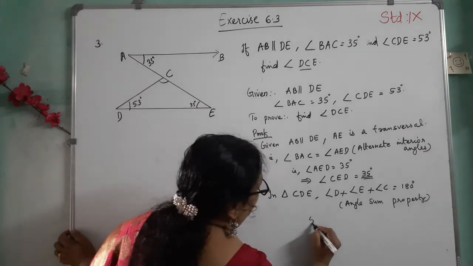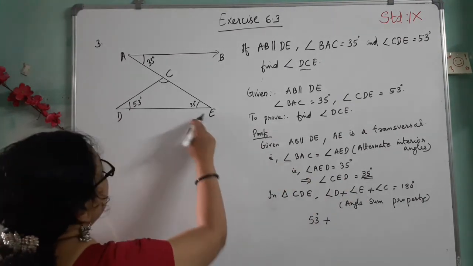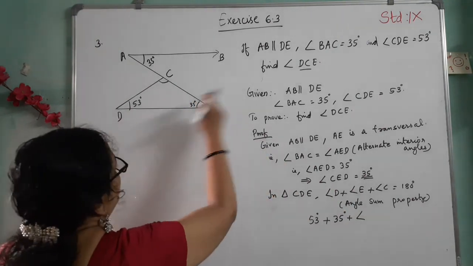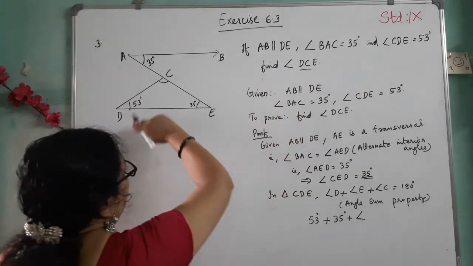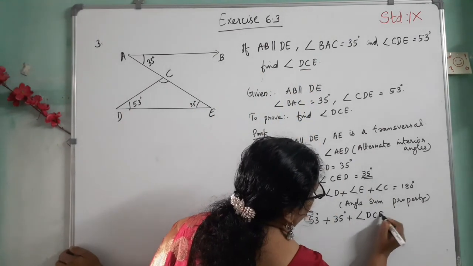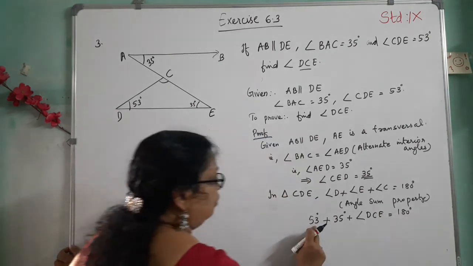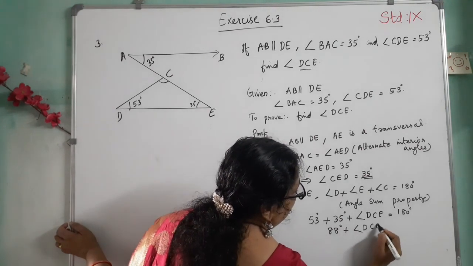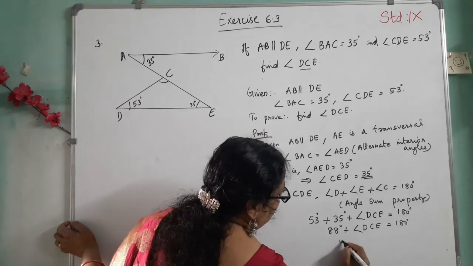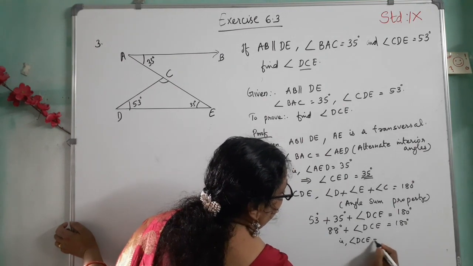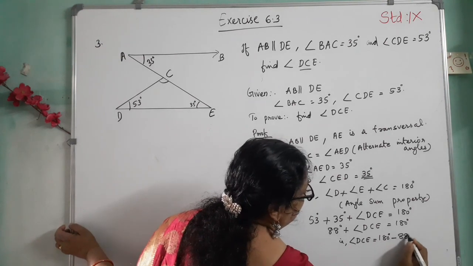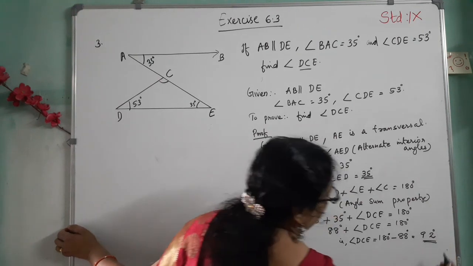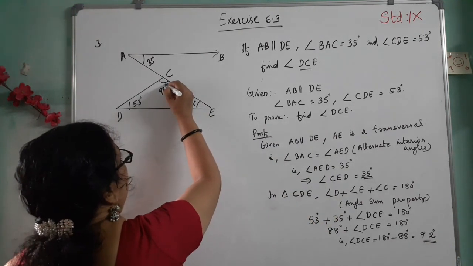So angle D is 53 degrees plus angle E 35 degrees plus angle C, angle C we can write as angle DCE, equal to 180 degrees. Then 53 plus 35, that is 88 degrees, plus angle DCE equal to 180 degrees. That is angle DCE equal to 180 degrees minus 88 degrees, so 92 degrees. So this angle is 92 degrees.